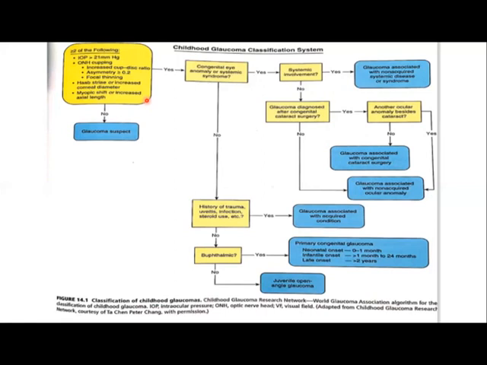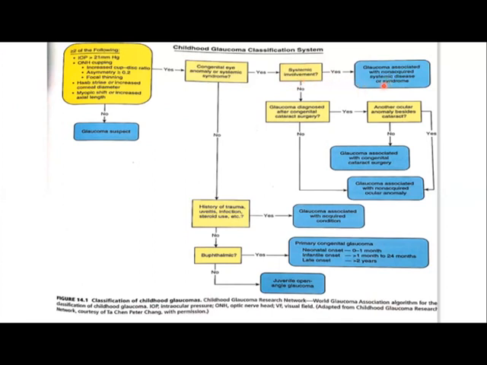If any two or more of these are present, then we have to look for a congenital eye anomaly or systemic syndrome. If nothing is present, the child is labeled as a glaucoma suspect. And if a systemic anomaly or syndrome is present, then we are confirming that there is systemic involvement.